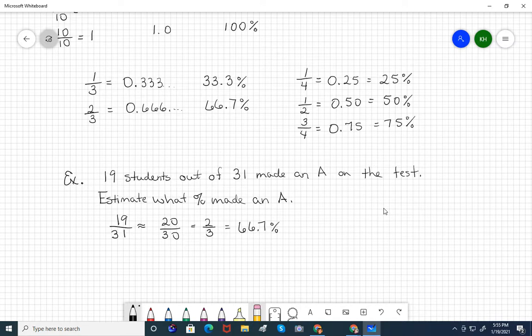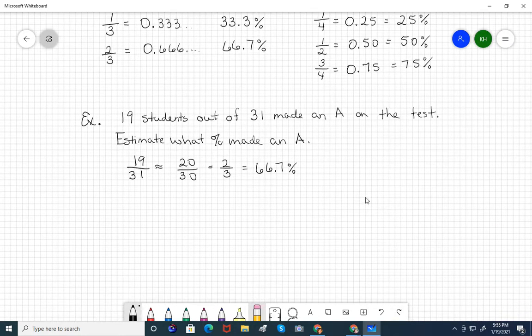Now, that's not exact. That's approximate. If I want to do it exactly, I'm going to use the formula part over whole. That will make a decimal when I divide, times 100 to make it a percent.